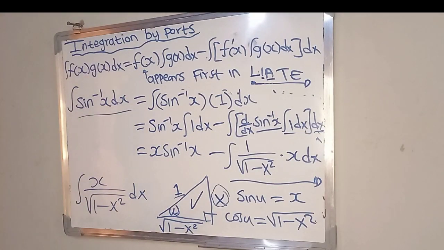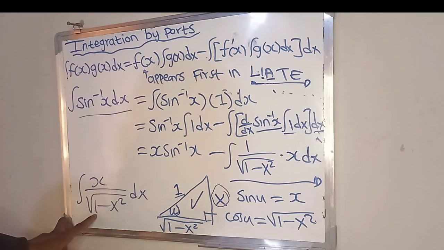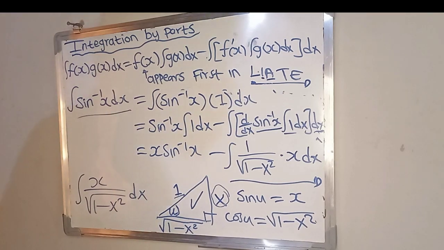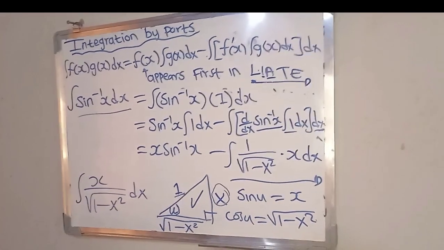So, in order to integrate this, because I have the form a squared minus x squared, I'm going to let x be a sine u. And my a this time is 1, since a squared is 1. You must understand that. So let's proceed.